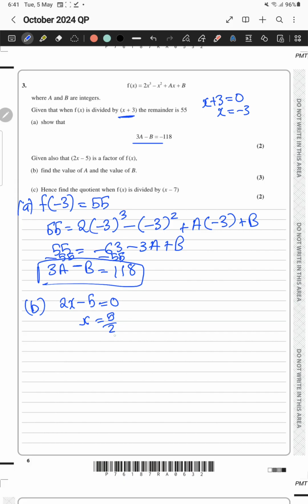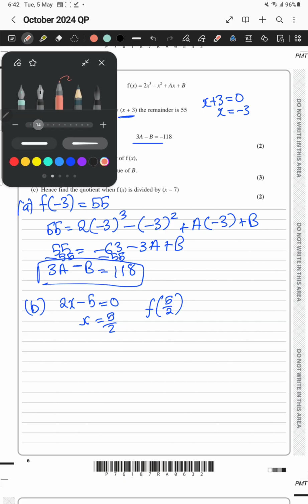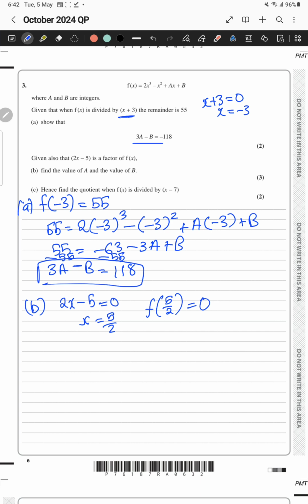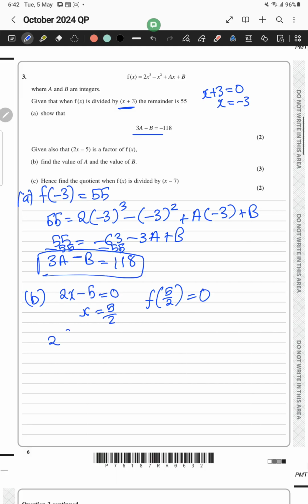All right, now whenever I sub in x is equal to 5 over 2 into this equation in place of x's, sorry, I should get 0. Literally 0. So what you have to do here is just sub in 5 over 2.